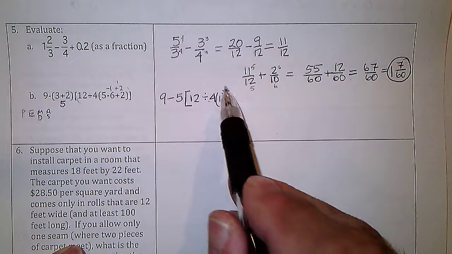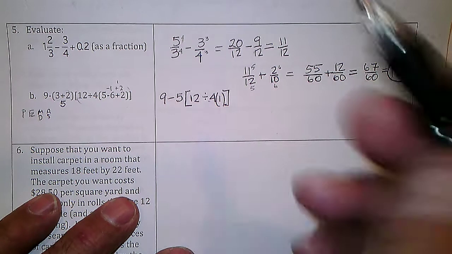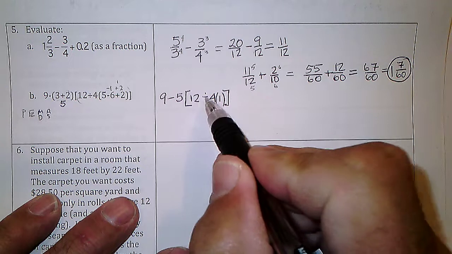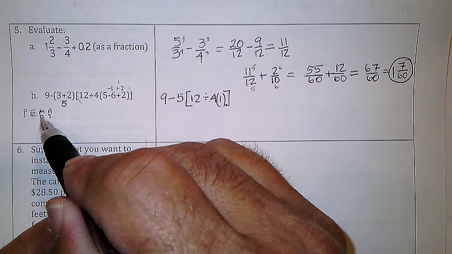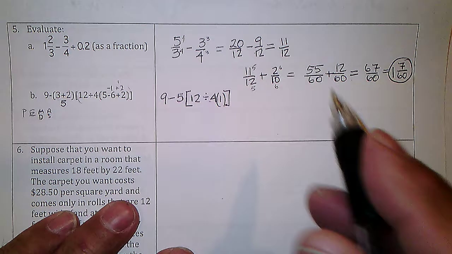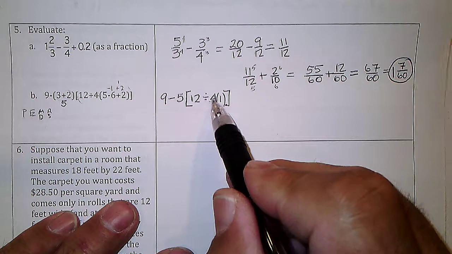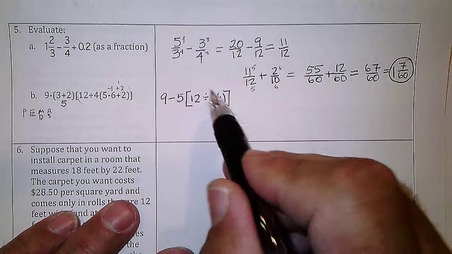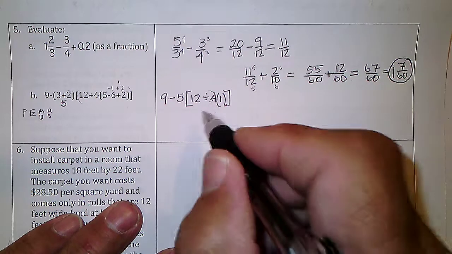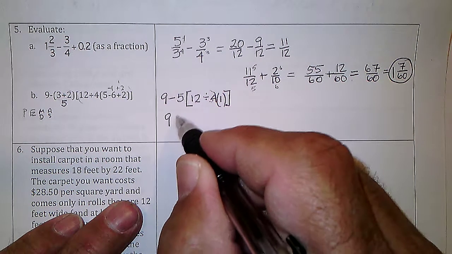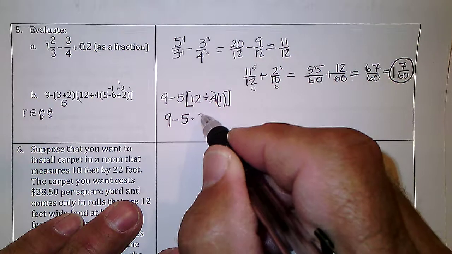Okay. Now in here, I still have parentheses, so I can't do the 9 minus 5, which is very tempting. I have to do the inside, and I have division and multiplication. Multiplication and division are the same level, so I do them left to right. So 12 divided by 4 is 3. I figure that out first, times 1, which is still 3. So I have 9 minus 5 times 3.